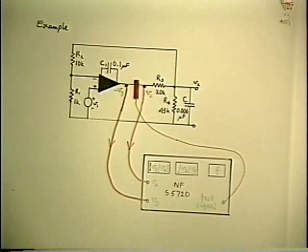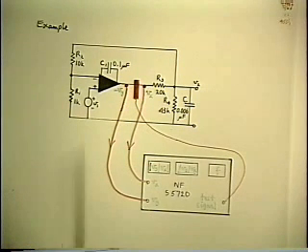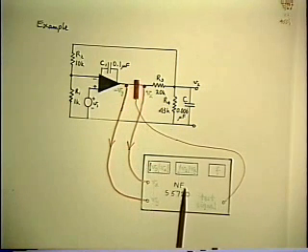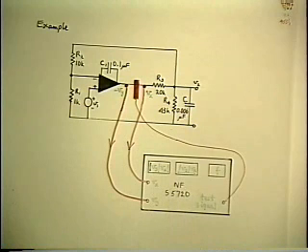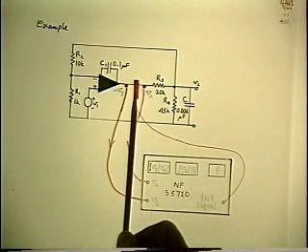Not much, but you don't need much if you're using a network analyzer or wave analyzer with a big dynamic range. And that's all you have to do. This is the way in which you get the signal injection.